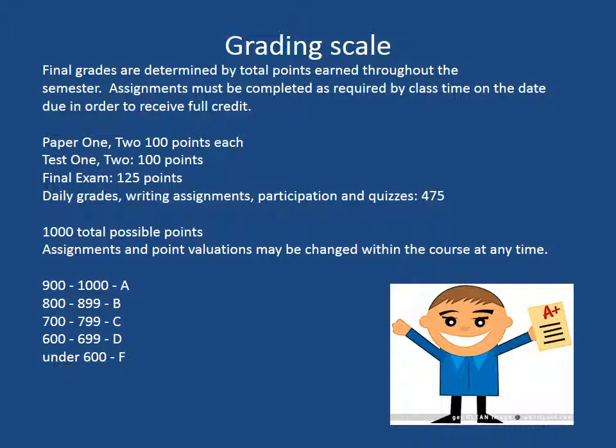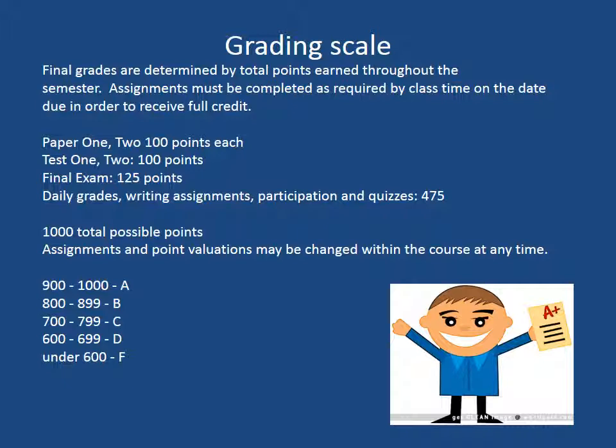I don't do any extra credit because you have 300 points to play with, and you can still pass the course. It's important that you get your quizzes and your writing assignments in on time. It's extremely important that you do all the reading for this course, because then you're not going to be able to pass the quizzes or do the papers. And quite honestly, I don't want to read them if you've not read the material.